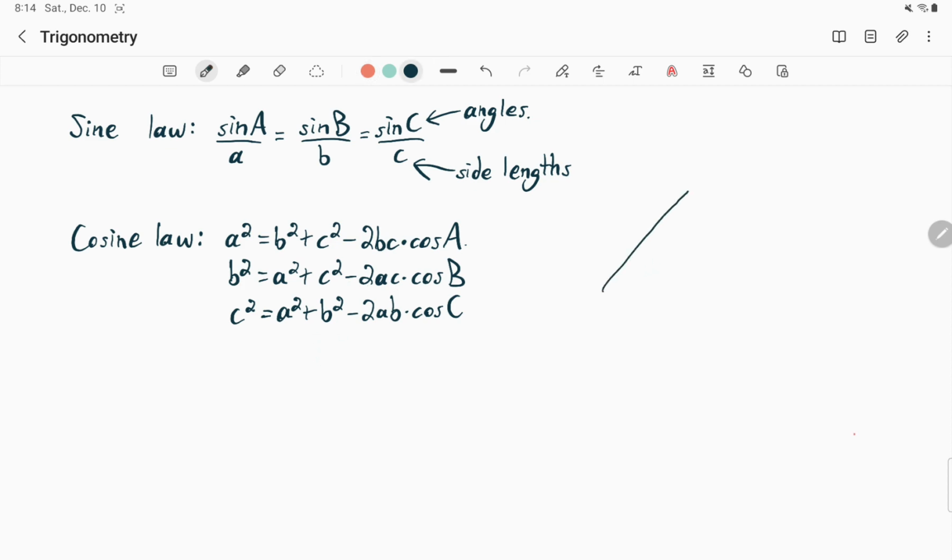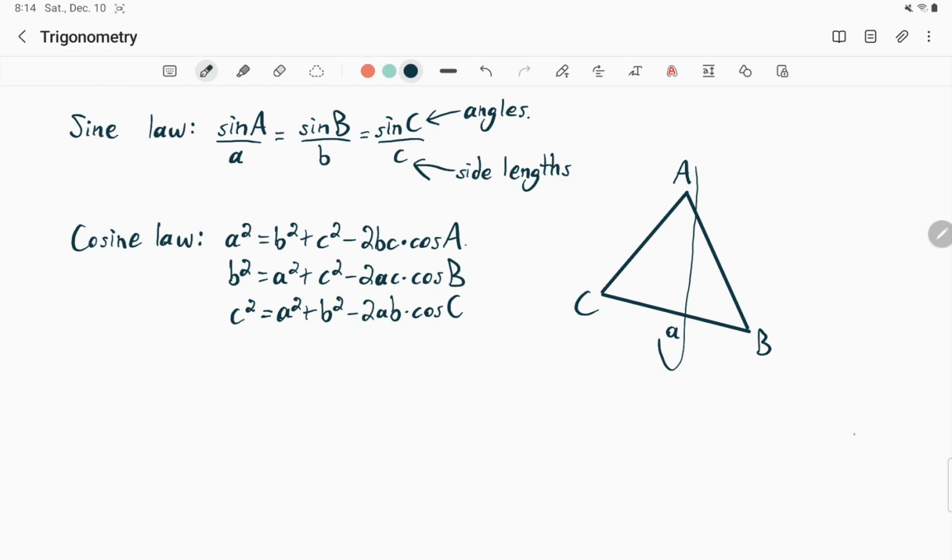Let me just draw a triangle so all this makes sense. For sine and cosine law, you use non-right angle triangles. So what that means is there's no right angle. Angle big A, big angle B, and angle capital C. The way you label this triangle is angle big A is going to be opposite side length little a.